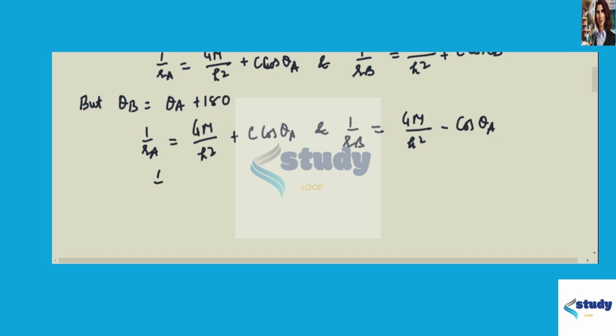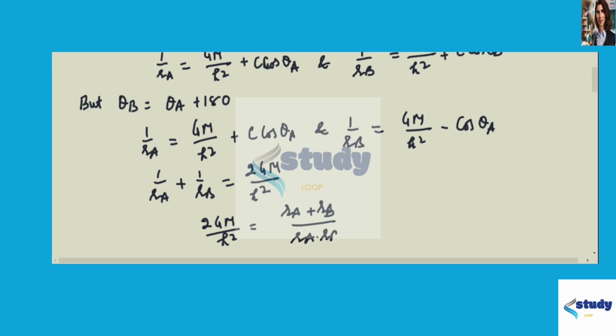Adding both, you will get 1 upon Ra plus 1 upon Rb equal to 2GM upon h squared. It can be written as Ra plus Rb over Ra into Rb.